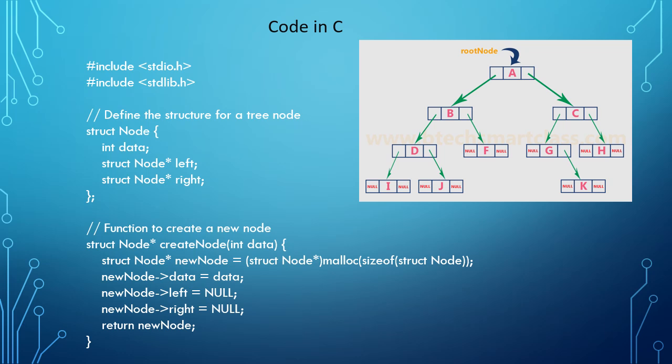So let us discuss the code for these insertion and deletion operations in binary search tree. All have a doubt about how we store the data and connect the nodes in binary search tree in the form of code.